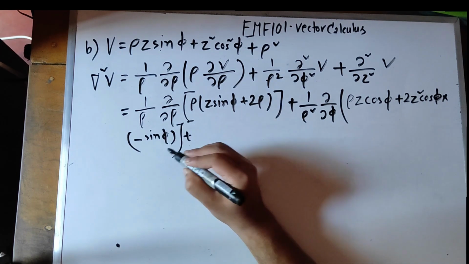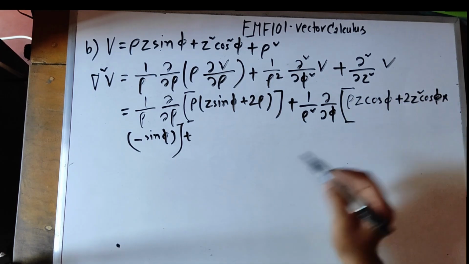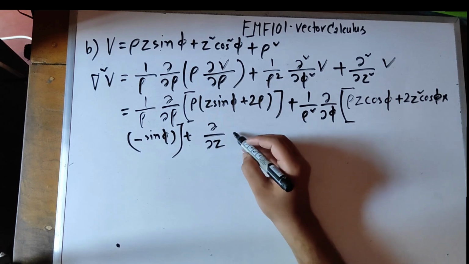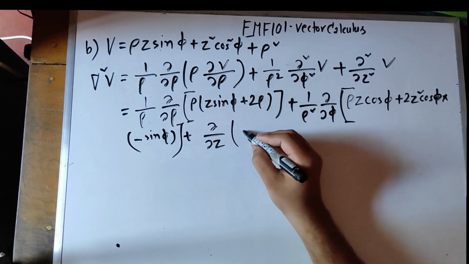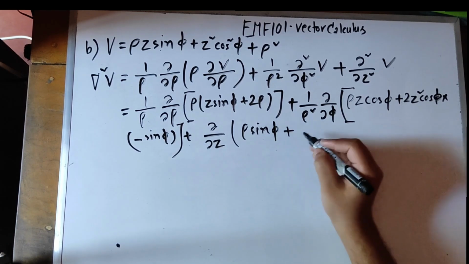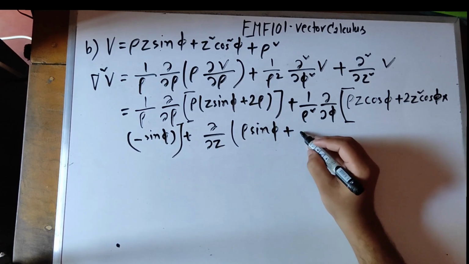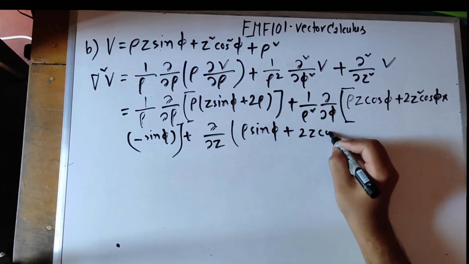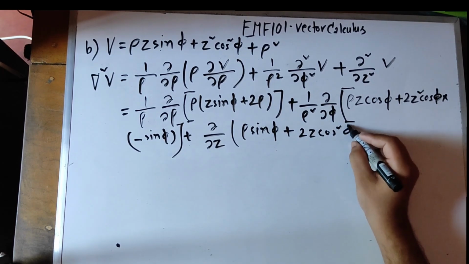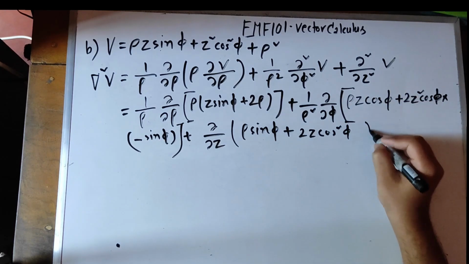So this is the main part. Now partial differentiation with respect to z, so rho sine phi plus, so 2z, 2z cos square phi and 0.